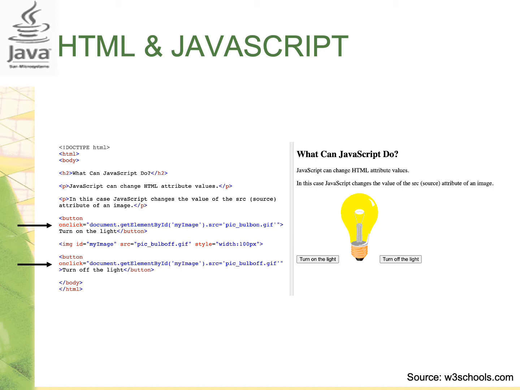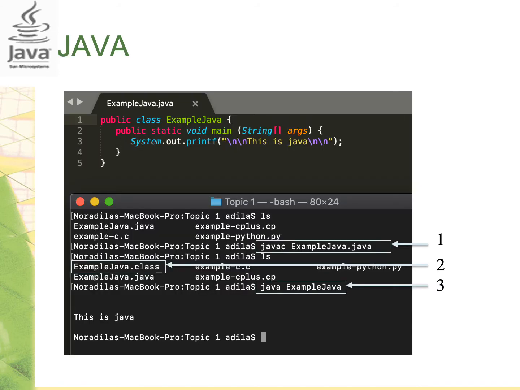So basically, we have two images, one with the bulb on and another one with the bulb off. So when the user clicks on the buttons, it seems like there's some animation going on, even though we only use two different images.